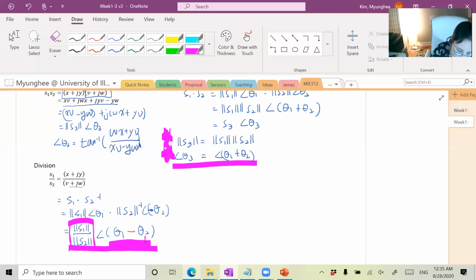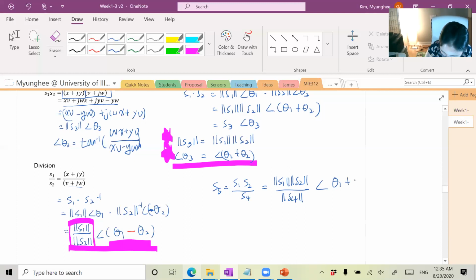So for example, if there is S1, S2 divided by S4, which is S5, then it becomes S1, S2 over S4, and the angle theta 1, theta 2 minus theta 4.